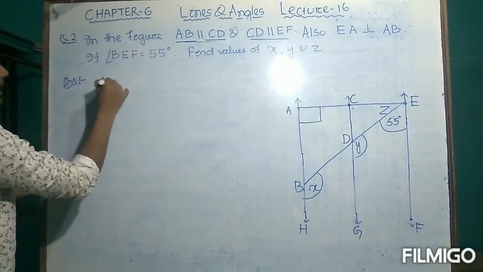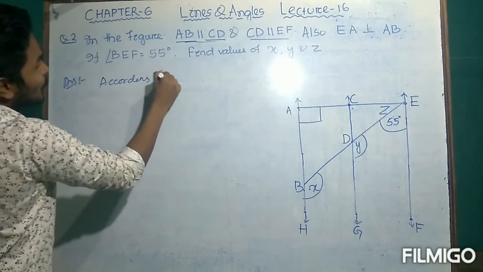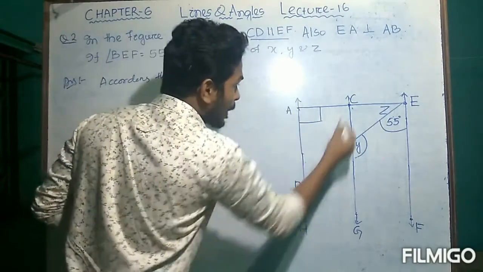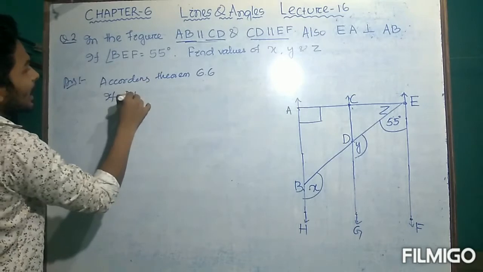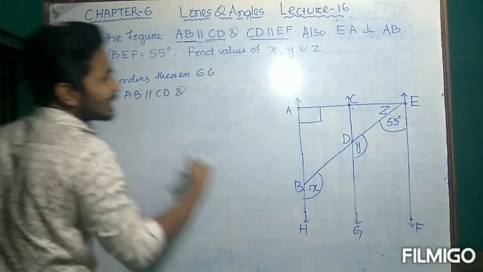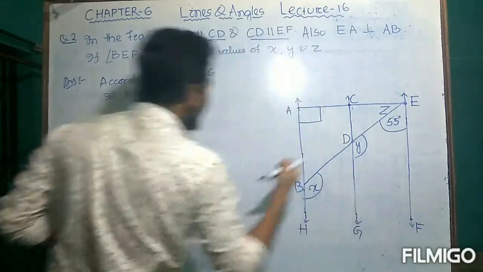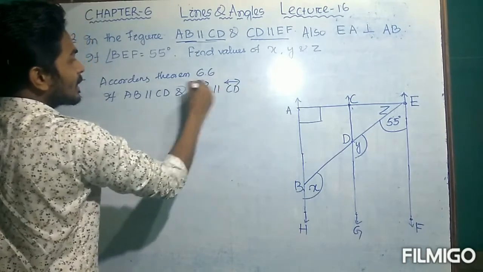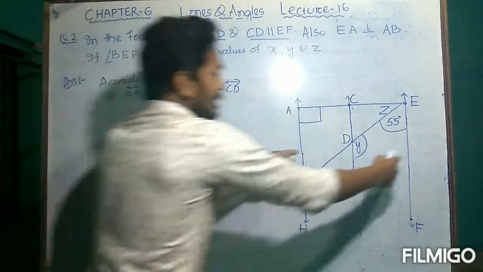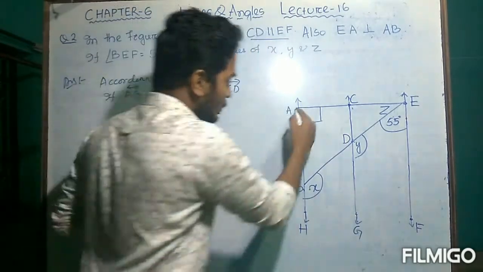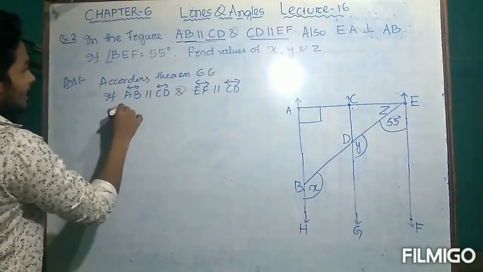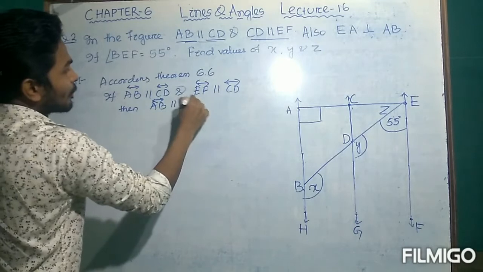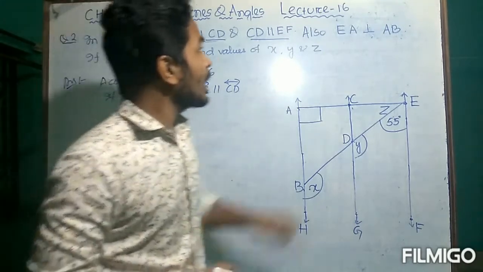So, according to theorem 6.6, we discussed that if AB is parallel to CD, and another line EF is parallel to the same line CD, okay, then the two lines will be parallel to each other. So we can write AB is parallel to EF.